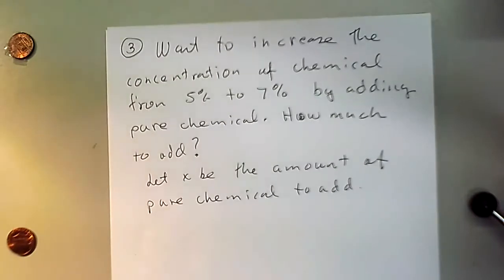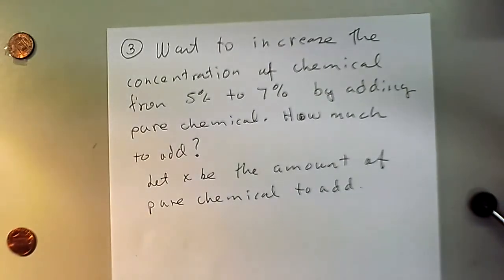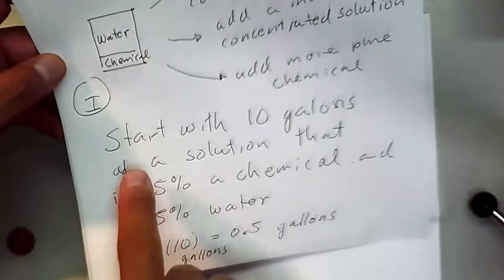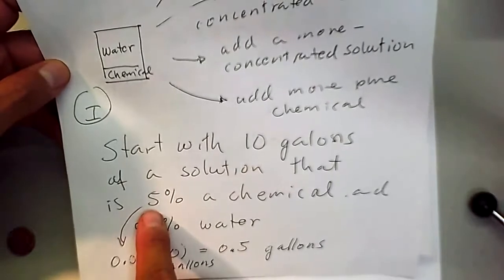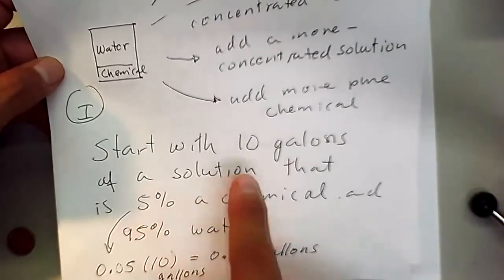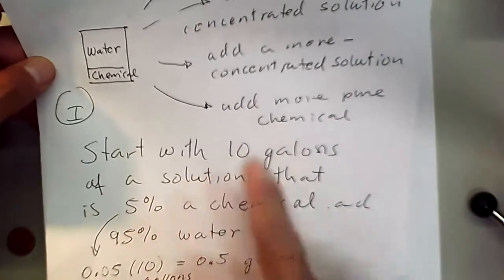Okay, so remember, this is the same setup, the same starting problem. We had 10 gallons. So all of these examples are under the umbrella of starting out with 10 gallons of a 5% concentration solution. If we started with something else, then you have to adjust the numbers accordingly.